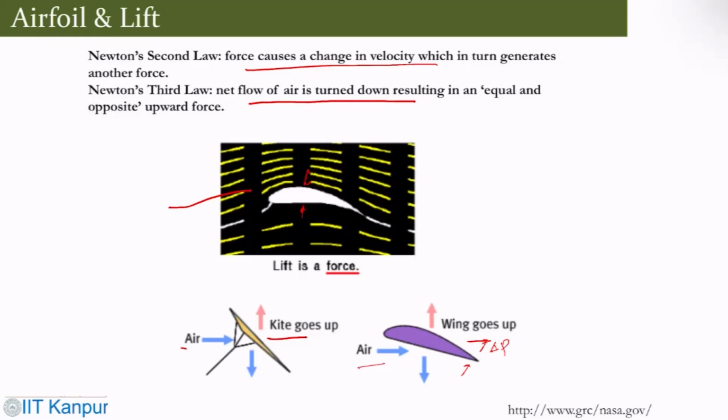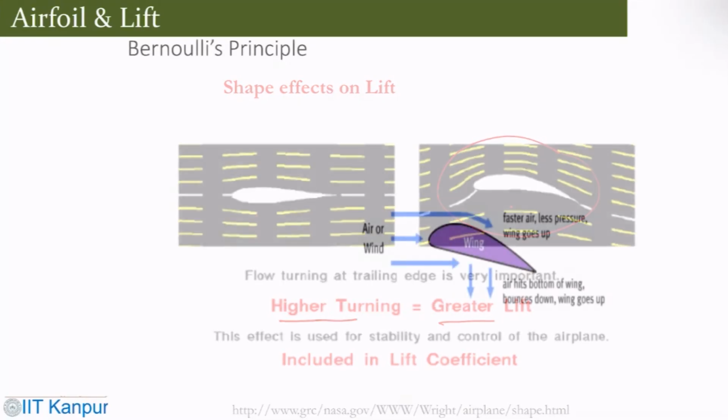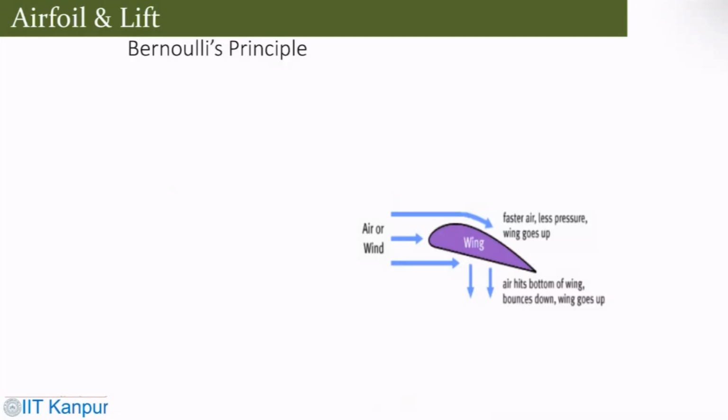Now, obviously, when there is a pressure difference, the geometry is important. When you have higher turning, you get a use for stability and control. Now we can see a volume where air expands.